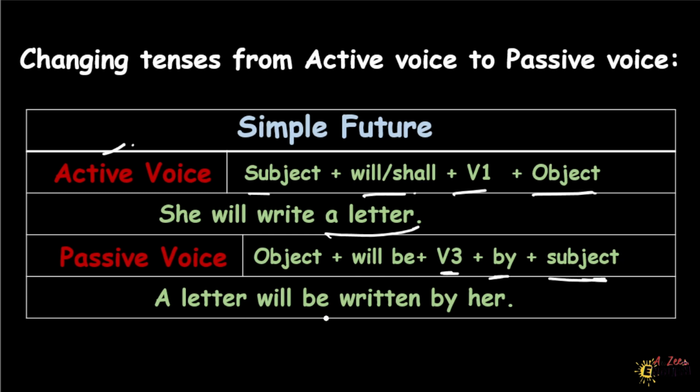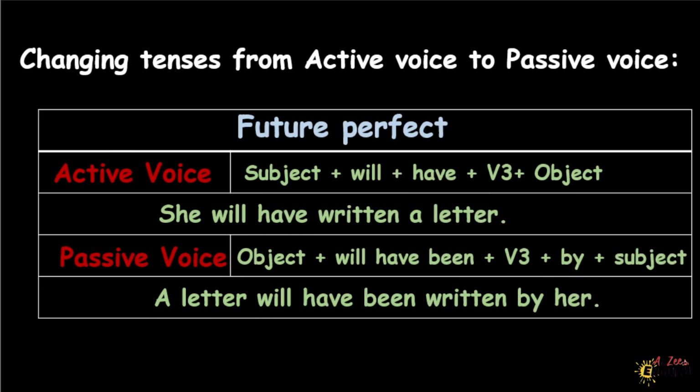A letter will be written by her. Future perfect. Future perfect for active voice, that is the sentence structure, subject plus will plus have plus third form of verb plus object. For example, she will have written a letter. And for passive voice, object plus will have been plus third form of verb plus by plus subject. A letter will have been written by her.